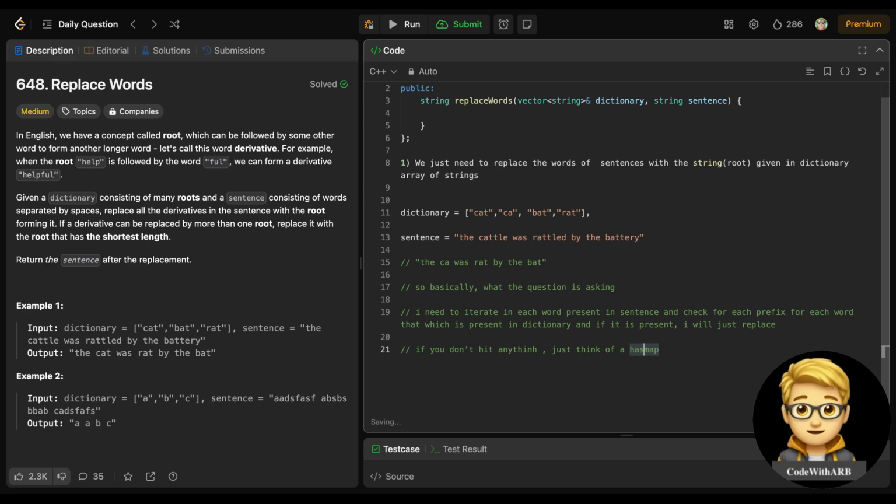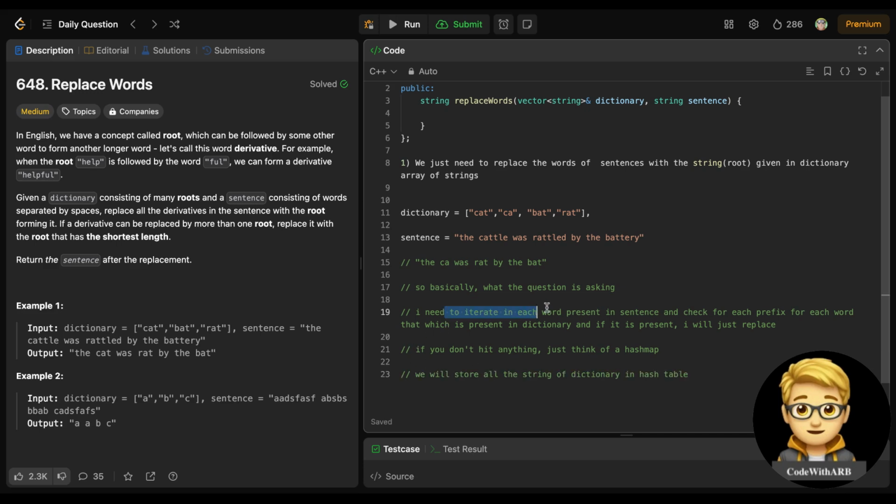So we will simply store all the words of the dictionary in a hash map, or hash table, right? And this is how we will check.